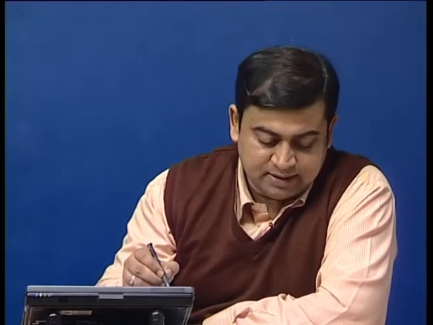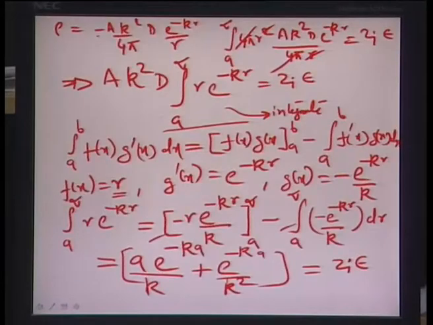Let us look at what the value would come out to be by solving. So, if you look back here, the value of A k square by d into the integral which we had just tried to find out is Z I epsilon, right.